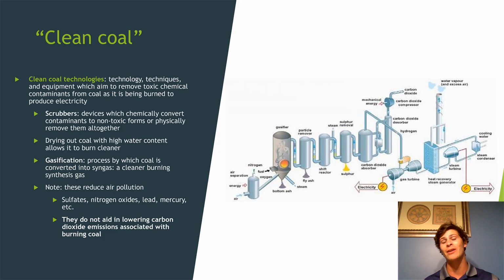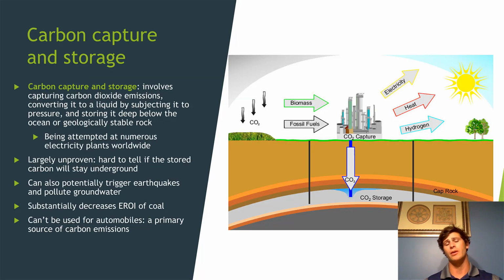And in addition to this, a lot of coal companies lobby really heavily to prevent some of these technologies or techniques from ever being implemented. So in addition to having them not actually be that clean in terms of removing CO2, they also aren't even readily implemented simply because coal lobbyists will fight so hard to prevent these technologies from being implemented in the first place.